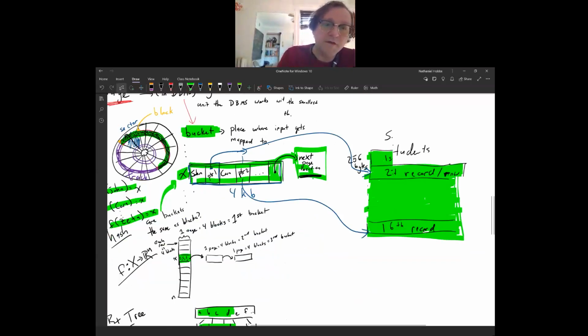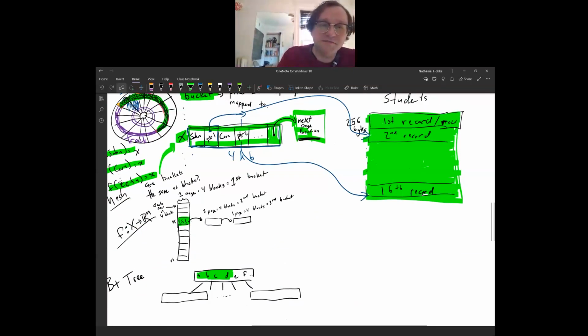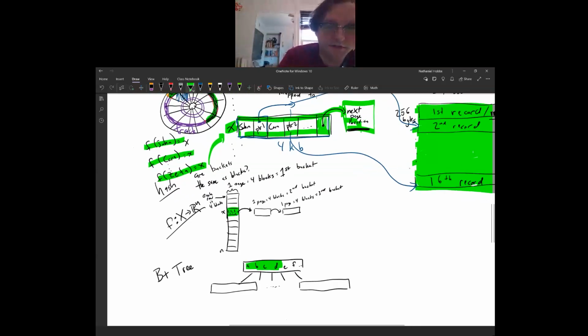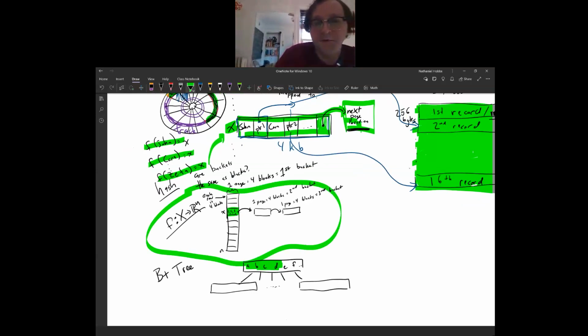Okay. So let's see. This is the hash function here. And so each of these buckets is like a page. In this case, 4 kilobytes. And that's 8 blocks.